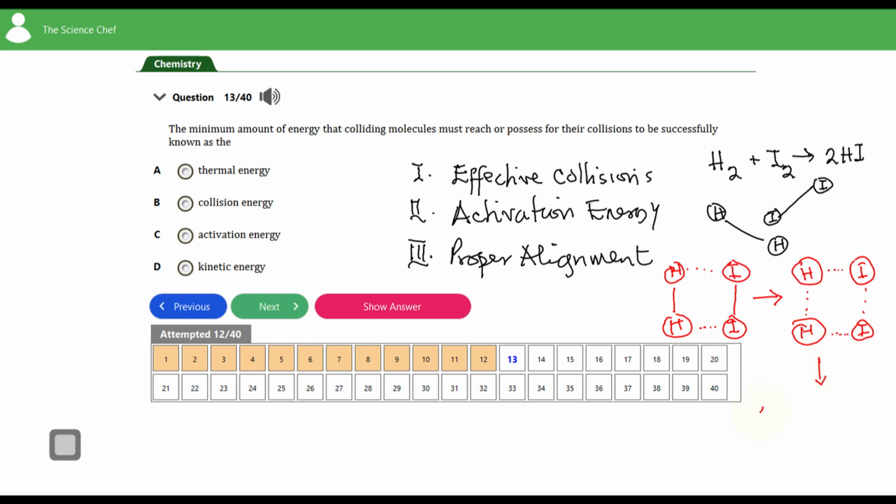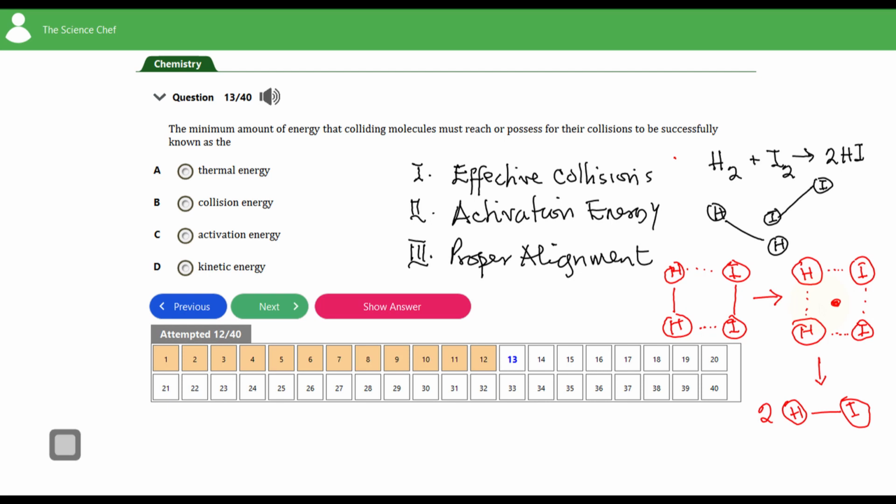So we now end up having something like this as an intermediate, which now gives us 2 molecules of hydrogen iodide, right? So this is the intermediate stage at which the bond breaking and bond formation occurs, right? That's this transition state where bond breaking and bond formation occurs. That is the state at which the activation energy is overcome.